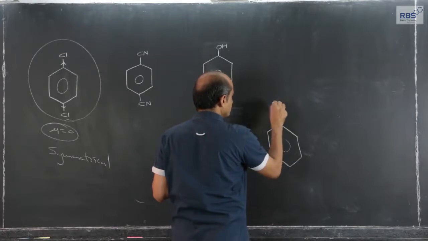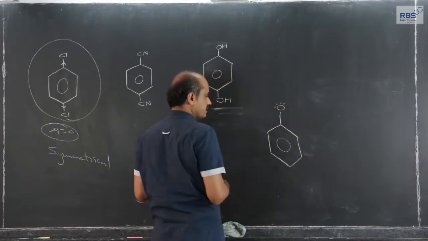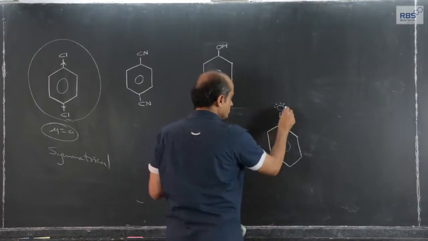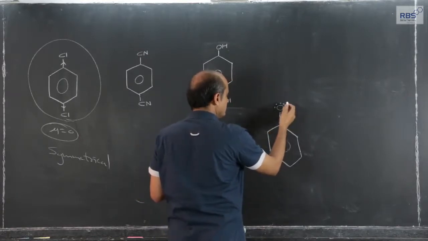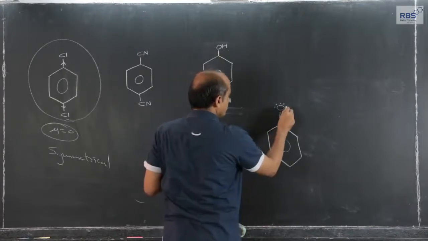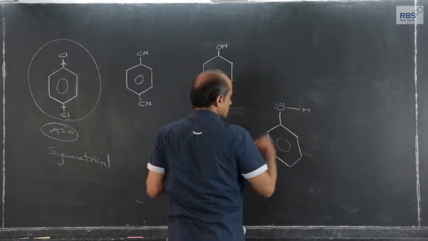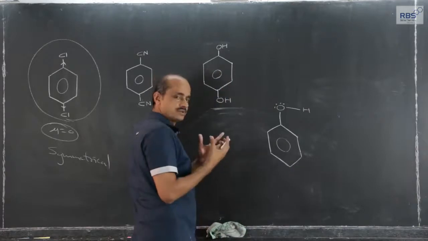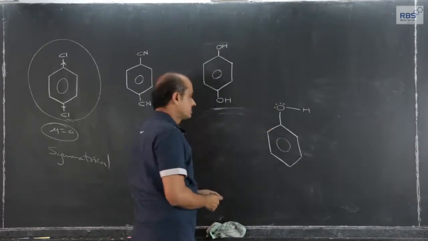Because of two lone pairs, lone pair-lone pair repulsion is more than lone pair-bond pair, bond pair-bond pair. So, the OH bond we normally write in this fashion, but it will be angular, V shape, similar to water.